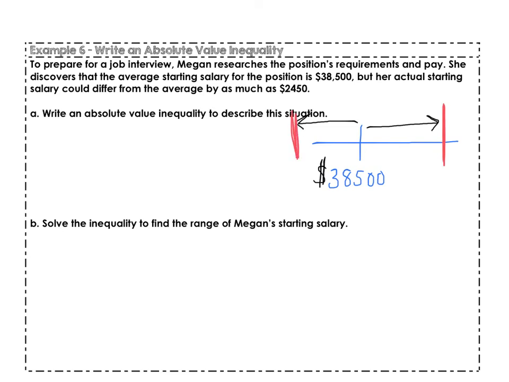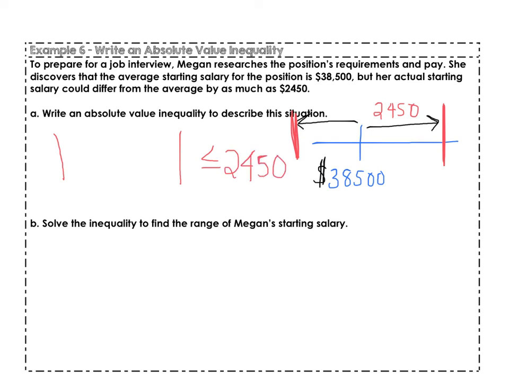So, something that you should recognize: this just created an and inequality. And the amount, or the distance away from our middle value, is our $2,450. That's why we're going to create an absolute value inequality. It's less than because it's creating an and inequality, must be within $2,450 of something.